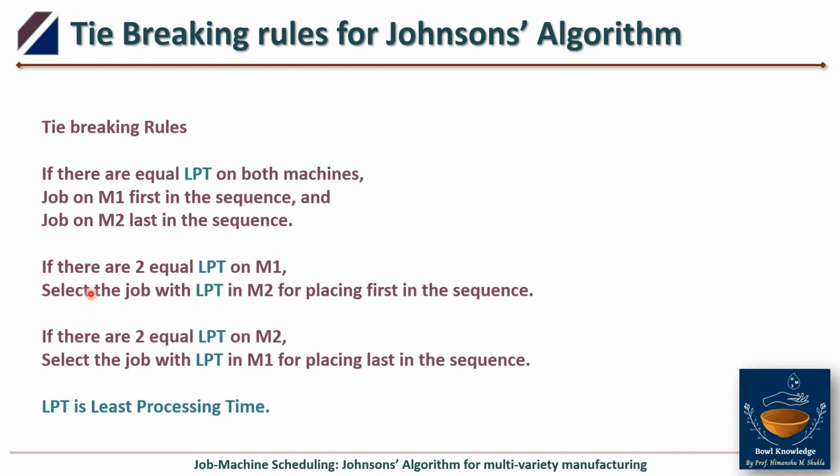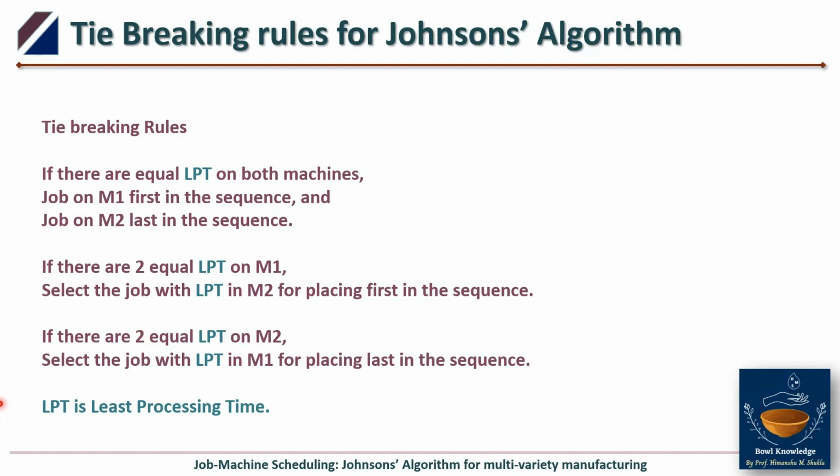Now if there are 2 equal values on machine 1, on the same machine there are 2 minimum values, so if the minimum time is 2 but it is for 2 products, then select the job with LPT in M2. Of the two, whichever job has the lower time on machine 2, place it first in the sequence.